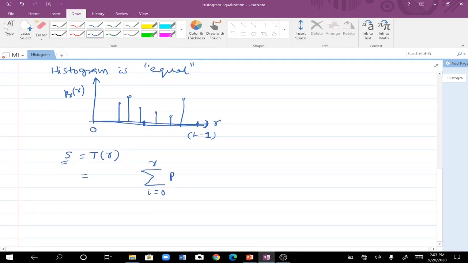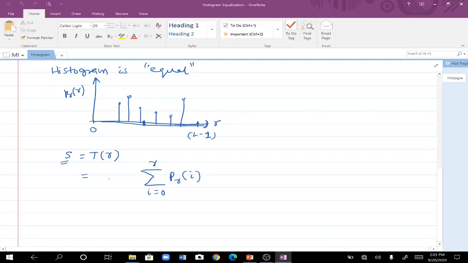So this PR of I, if you are doing it, what would happen now? Take a look at this. This essentially would give you the proportion of pixels that have intensities up to r. Then you multiply the whole thing with L minus 1 here, that being the maximum value. Now see what would happen. Assume that you are halfway. Okay, out of the total number of pixels, PR of I, this whole sum, the density is giving you for that particular intensity.